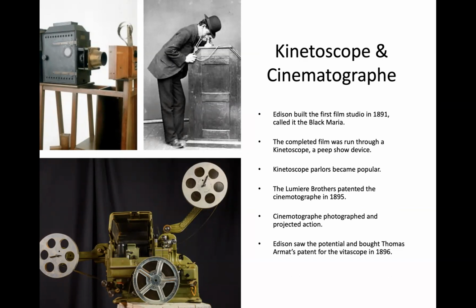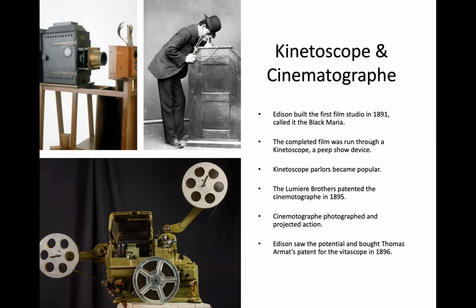In 1891, Edison built the first film studio, which was called the Black Maria. And basically, it was just a black box in a sense where you could go film things. And then they would show these films in a box that you could pay money to look into a small lens. They were called like peep shows. You'd pay like a quarter and it would run through them.